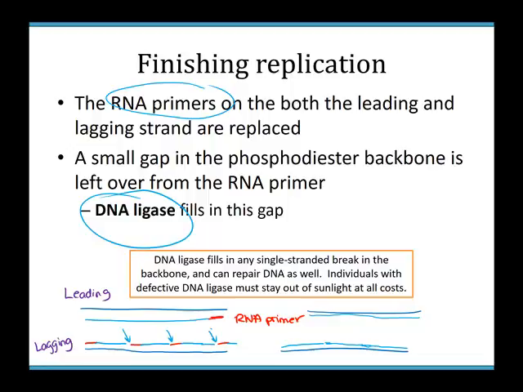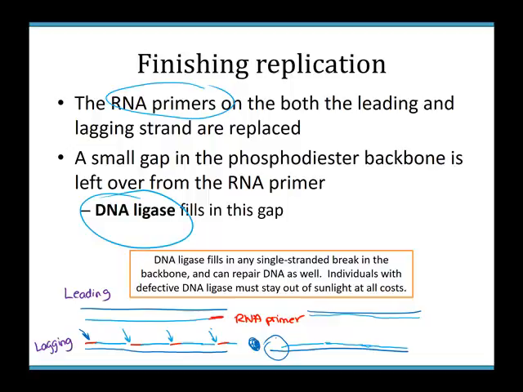Now you will notice one thing, maybe, if you aren't brain dead by now. Looking at this piece right there, notice this RNA primer is not replaced. That's because there's no previous chunk over here for DNA polymerase to fill in and replace that RNA primer.